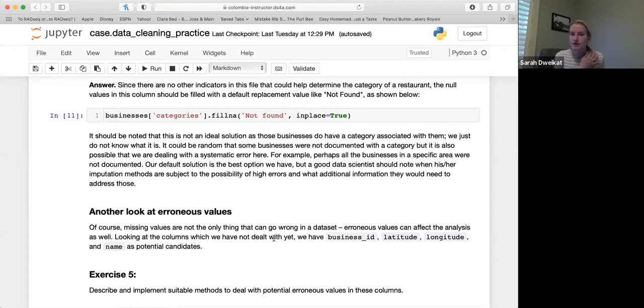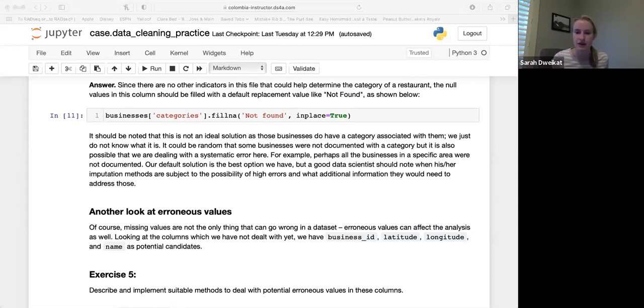So let's take a little bit of time here and, in your data set, if you haven't been doing this already, try to enter some code that you think could help us deal with erroneous values for any of these columns. And actually, before we do exercise 5, let's talk first about what columns we can tackle for erroneous values. That's maybe a better way to go about this.